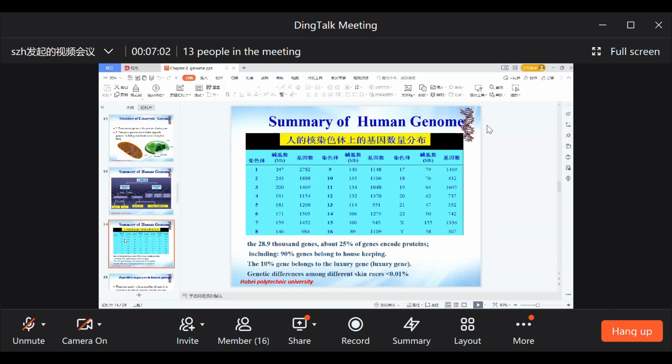Most of the genes belong to the housekeeping genes, which are necessary for every cell. For example, the oxidative phosphorylation we just saw is necessary in most of the cells. So 10% of genes belong to the luxury genes.